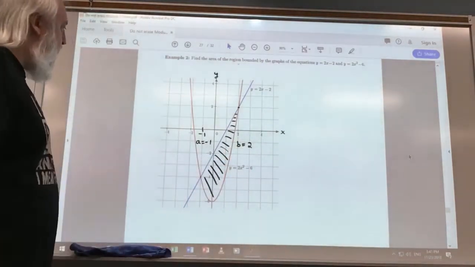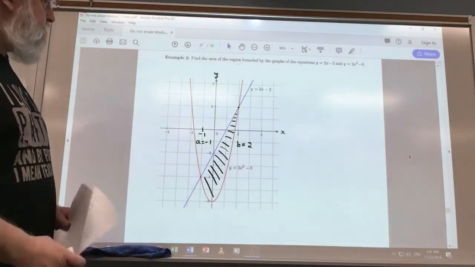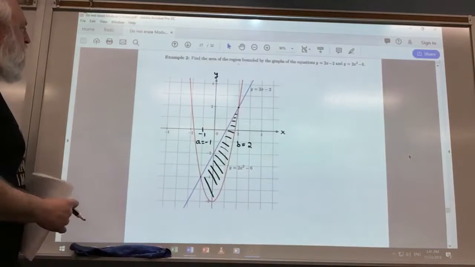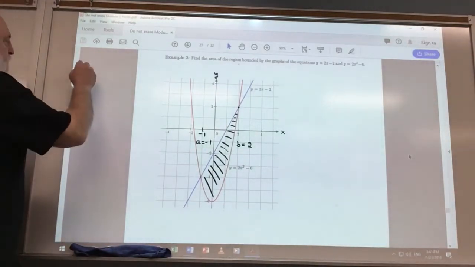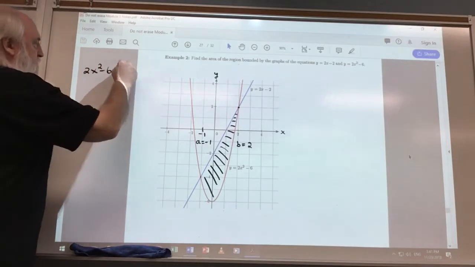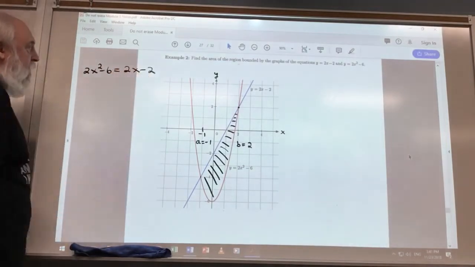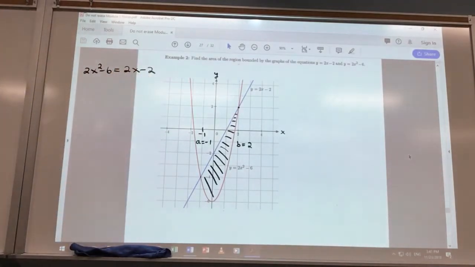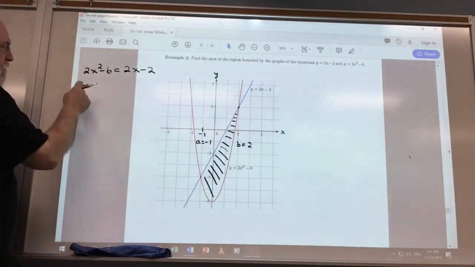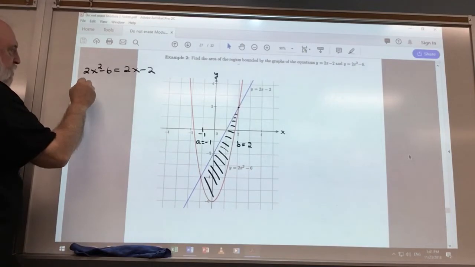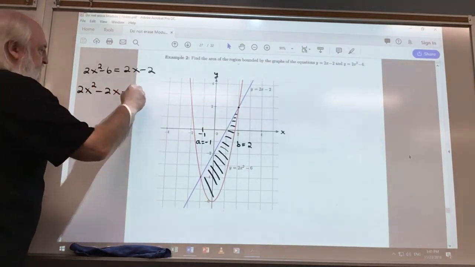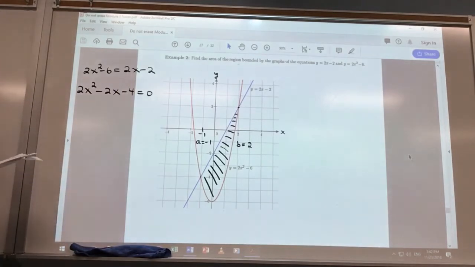Now you can also verify that algebraically, because where they cross, the two functions are equal. So we have 2x squared minus 6 is equal to 2x minus 2. When I move the right-hand side over to the left, I have 2x squared minus 2x minus 4 is equal to 0.